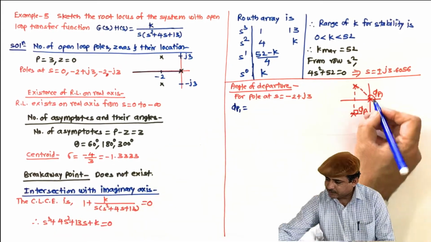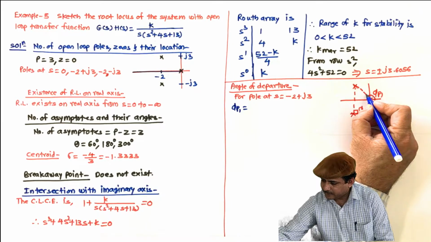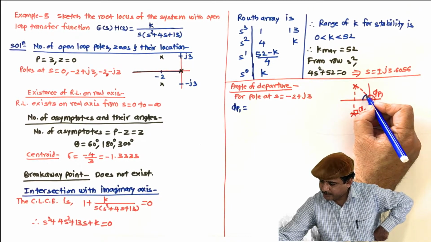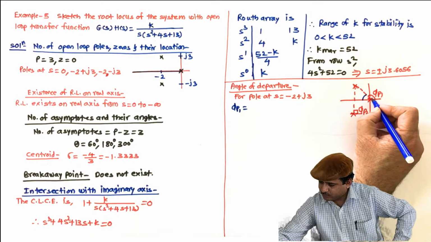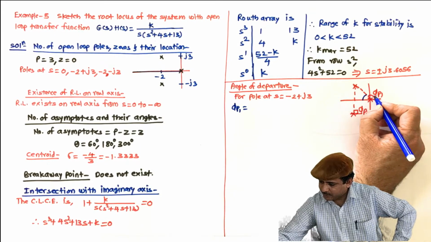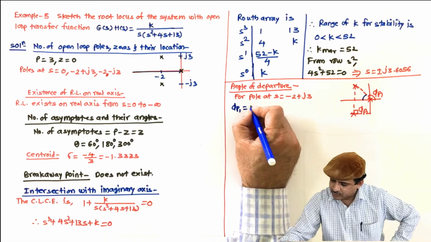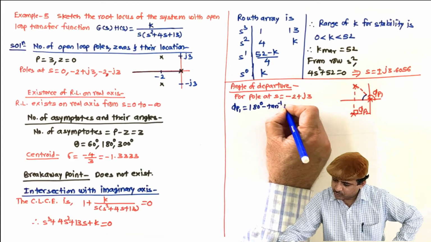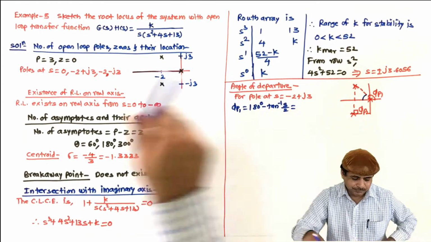If we say this angle, then this angle will be tan inverse of 3 by 2, and if we subtract this angle from 180, we will get the angle. So 180 minus tan inverse of 3 by 2.